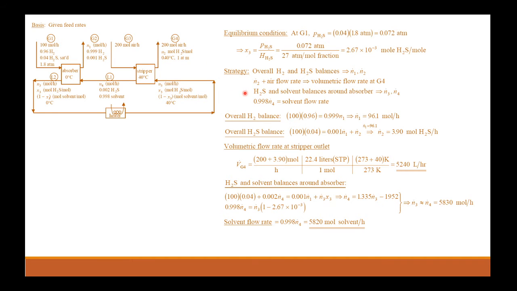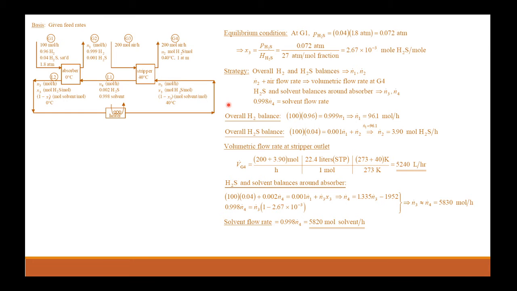Then, we will use H2S and solvent balances around the absorber over here to calculate N3 and N4. N3 is located at L2 and N4 is located at L1. Finally, we will solve for the solvent flow rate.